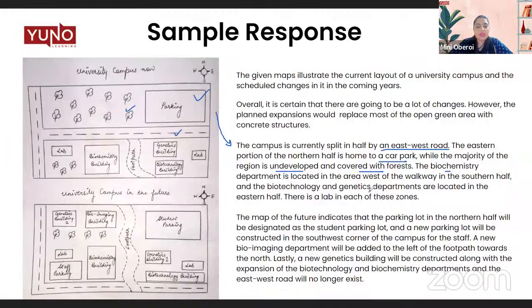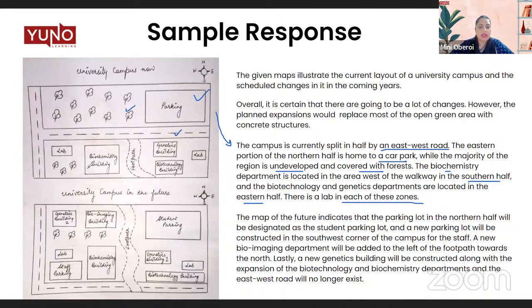The biochemistry department is located in the area west of the walkway in the southern half. And the biotechnology and genetics department are located in the eastern half. There is a lab in each of these zones.